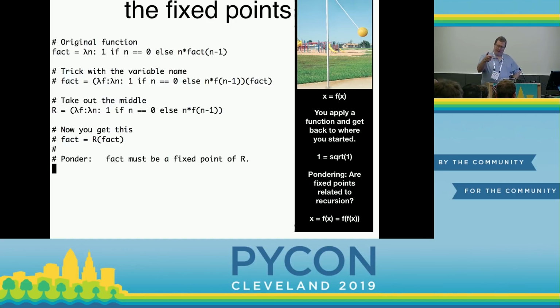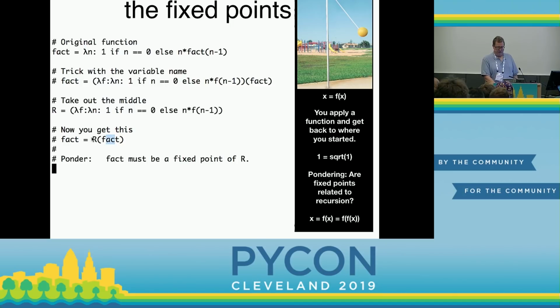The whole idea of a fixed point is that you have a function where you pass something in, and then you get the identical thing back. This is exactly the thing that we did with the square root, right? Square root of 1 is 1. This is saying R of fact gets you back to fact.